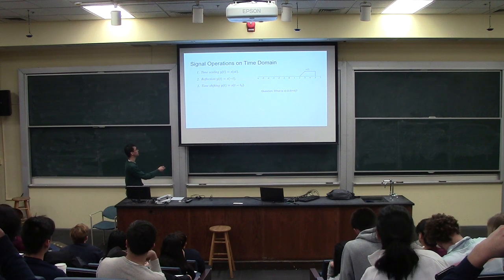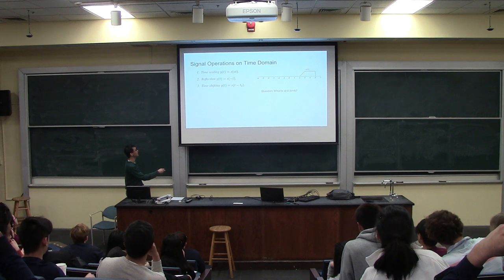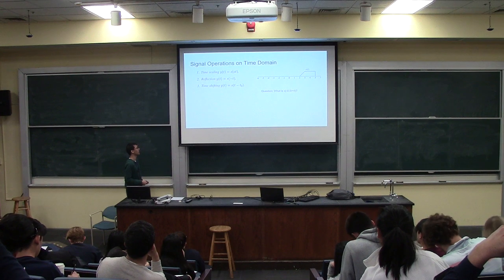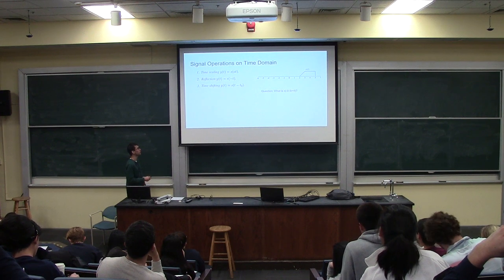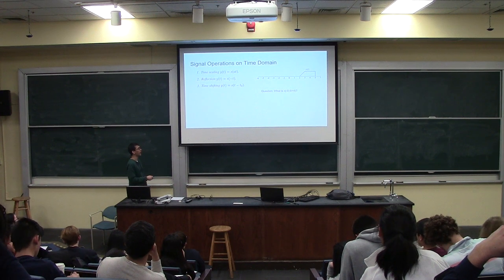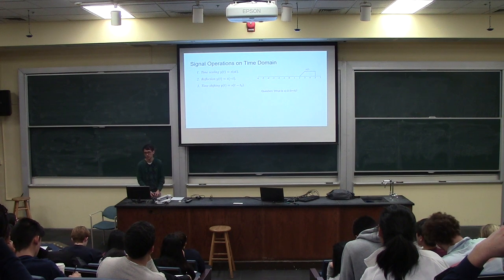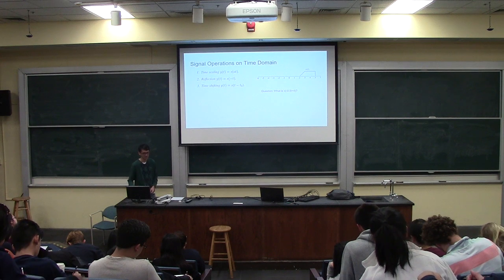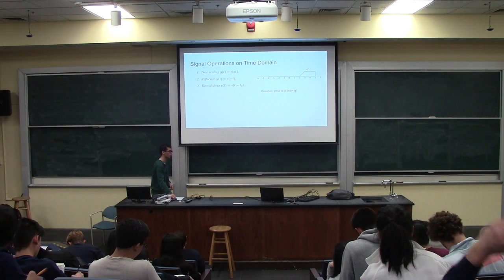So let's do this example problem. This is your x of t, given this signal. It's like a trapezoid. And the question is, what is x of negative 1/2 of t plus 4? I'll give you guys 1 or 2 minutes to draw the signal. There's a specific order you should use.